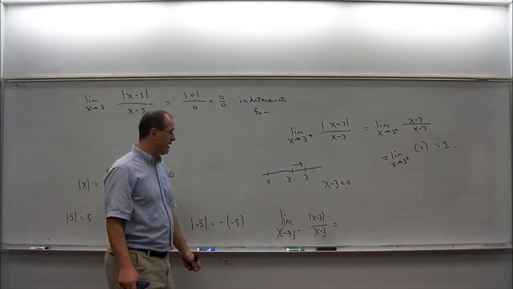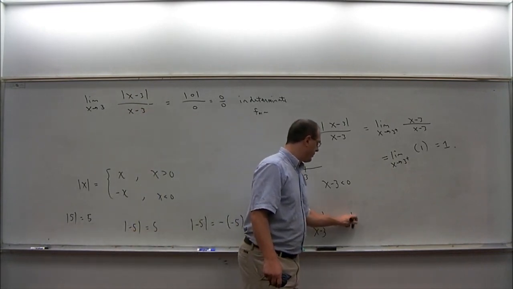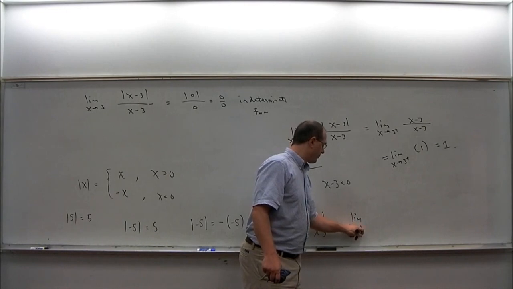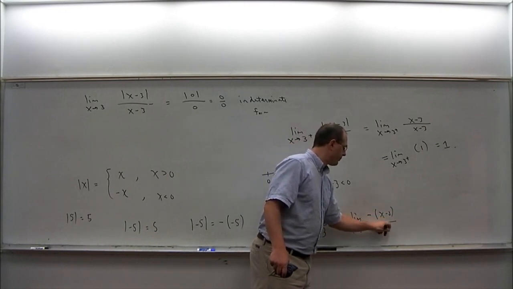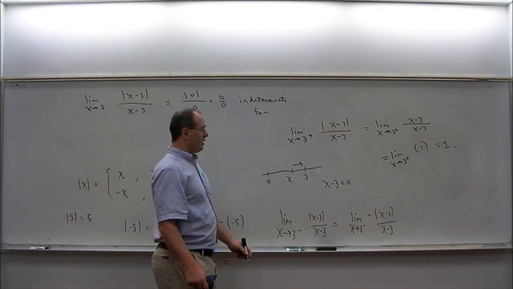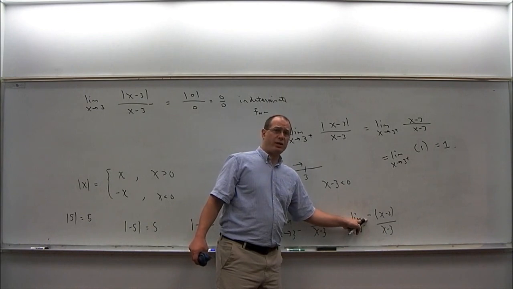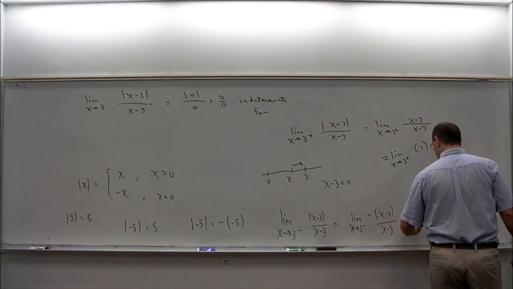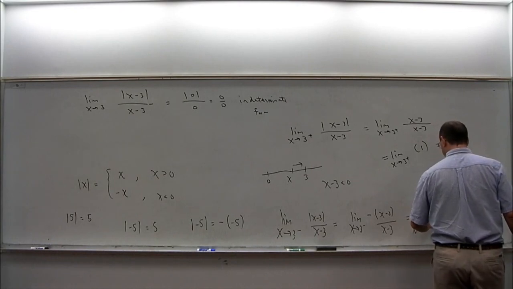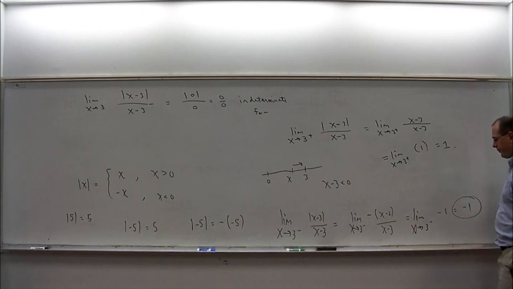X minus 3 is negative, and so the absolute value of x minus 3 is the negative of x minus 3. So this time, you can cancel the x minus 3's, but you have a negative 1 instead of a 1. So this is the limit as x goes to 3 from the left of negative 1, which is negative 1.